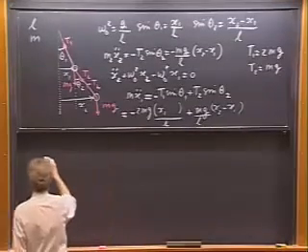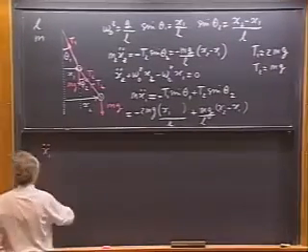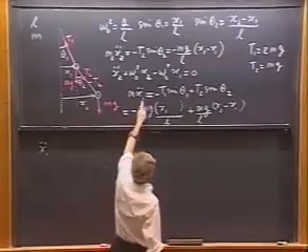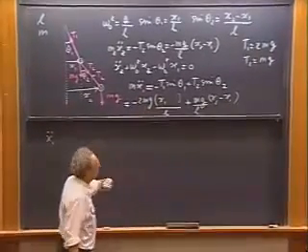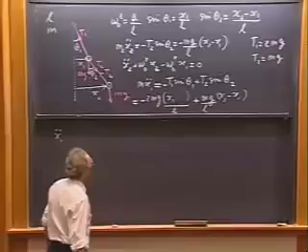And when I do that, I will come out here. x1 double dot is this one. Here the m goes. g over L becomes omega 0 squared.